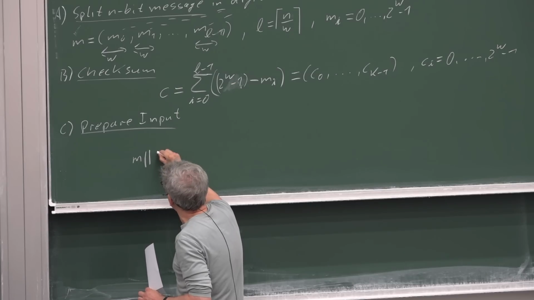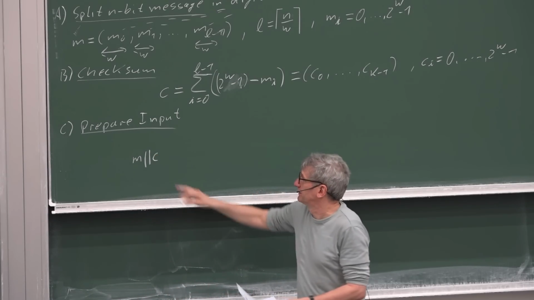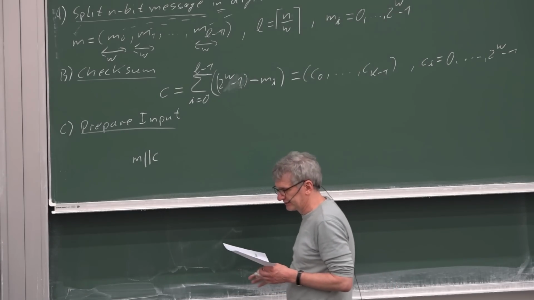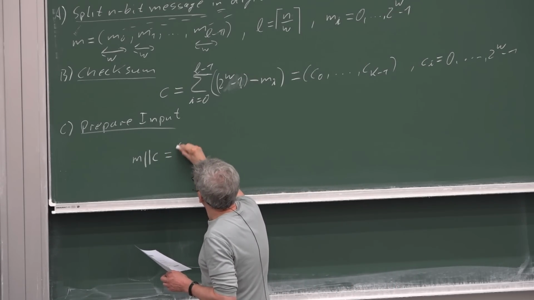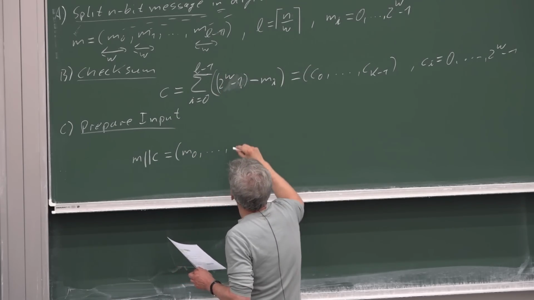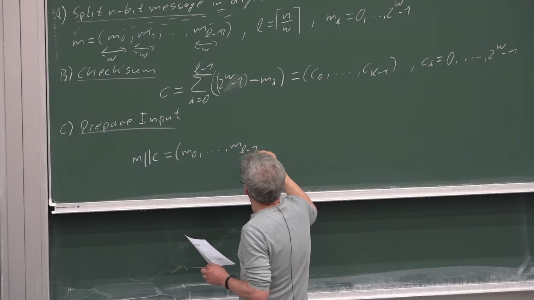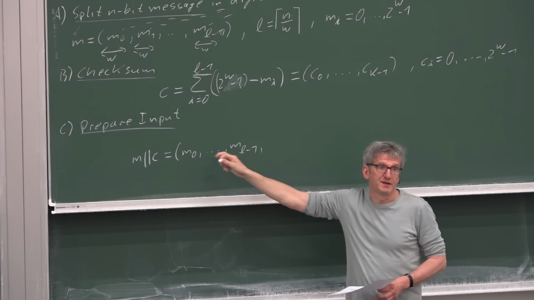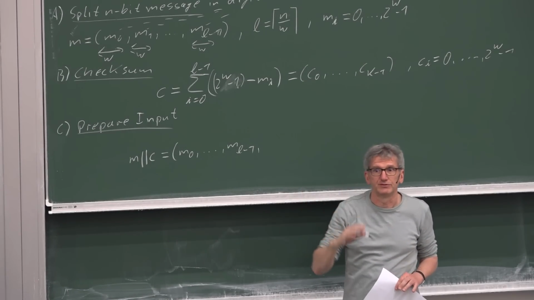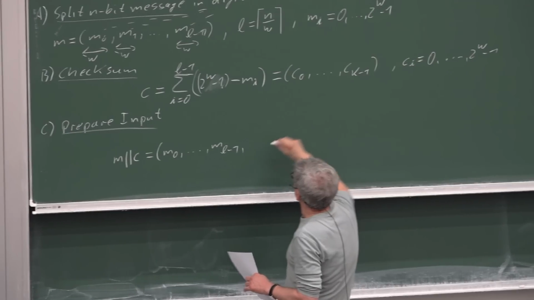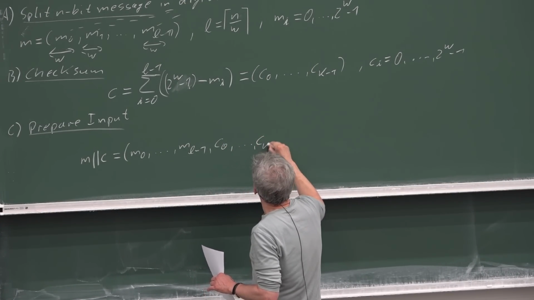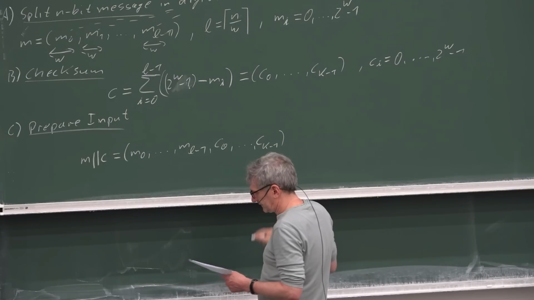You append C. This is a fancy symbol, just put it next to each other, right? There's nothing magical about this. So this becomes M0 up to ML minus 1. Again, this is your PDF file, just grouped in 8-bit or W chunks here, right? And then you add these digits here, C0 up to CK minus 1. Okay.